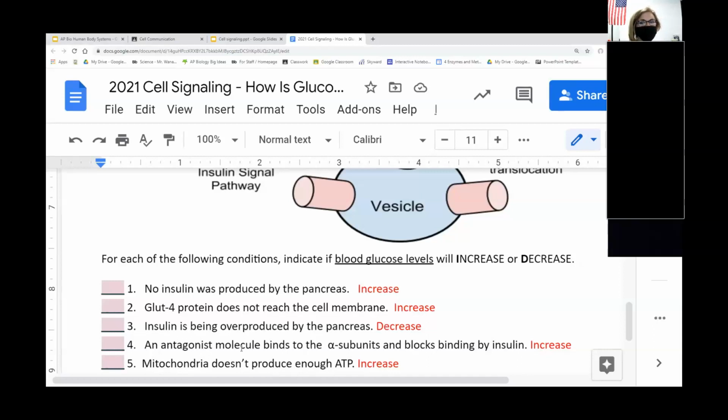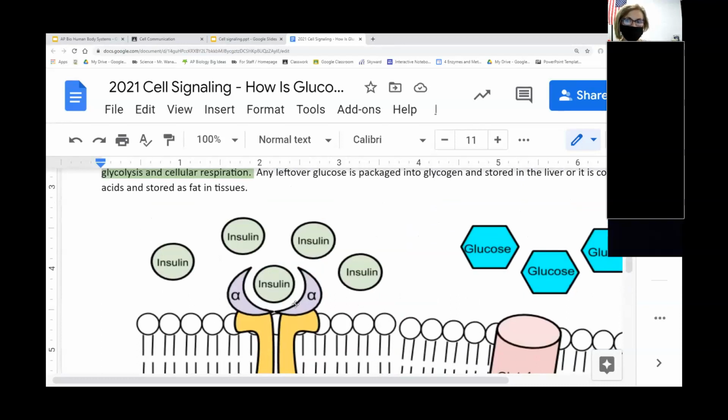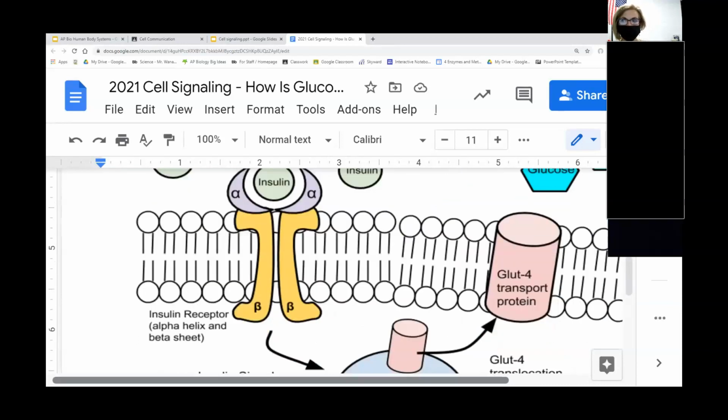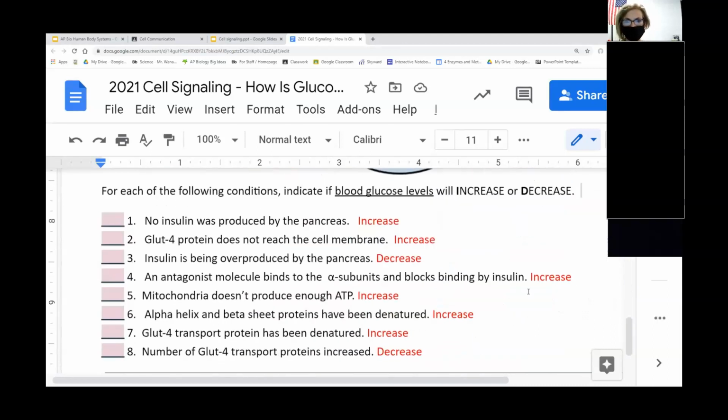An antagonistic molecule, a competitive inhibitor, binds to the alpha subunits and blocks binding. Again, if insulin can't bind, then there's no signal sent in to shuttle the glucose across, so it should increase. Mitochondria doesn't produce enough ATP.